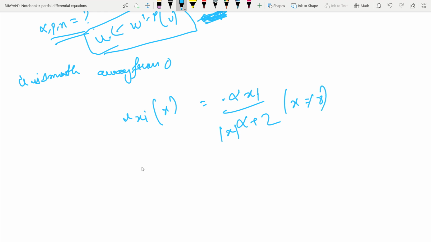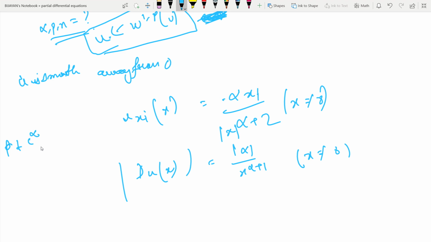Du(x) has magnitude alpha over |x| to the power alpha plus 1, for x not equal to 0. Take phi belonging to C infinity with compact support in U, and fix epsilon greater than 0.